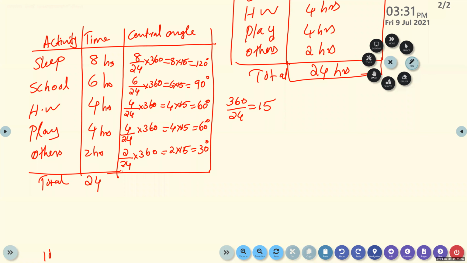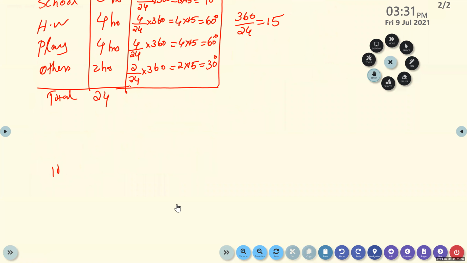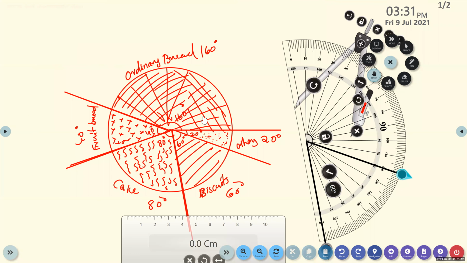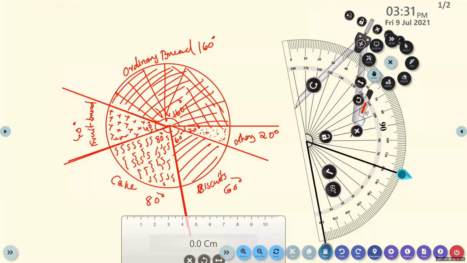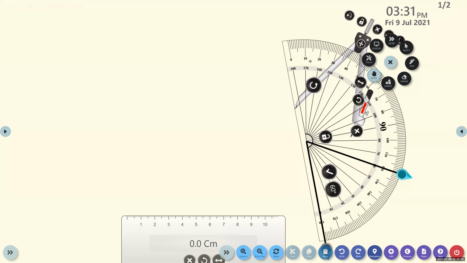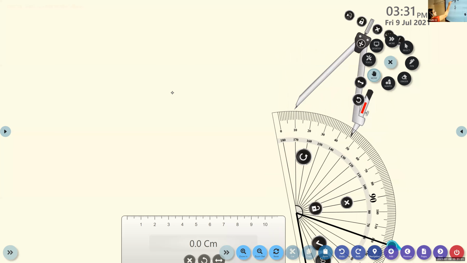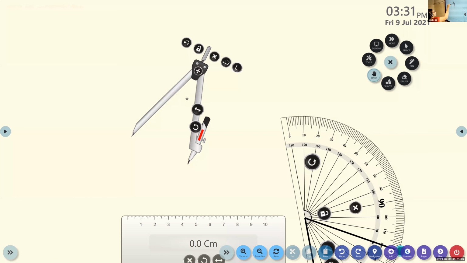Okay. First of all, you draw a circle with any radius. You can choose any radius.